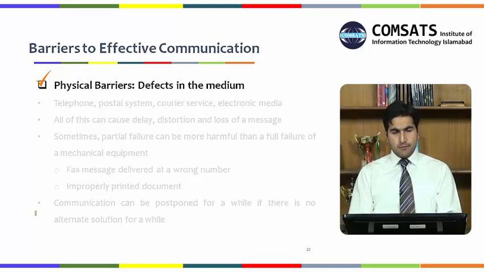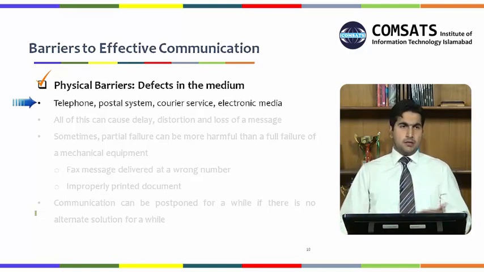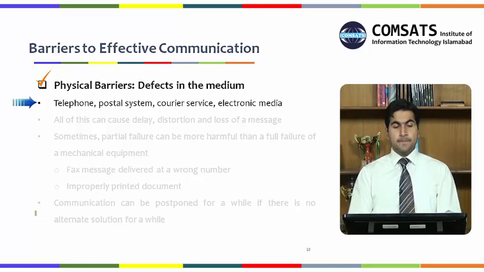As the word itself, physical, says it, it can be a defect in the medium. For example, if you look at the communication happening through a telephone, through the postal system, or a courier service for sending things, or an electronic media. So all these are the media, and there could be certain defects.